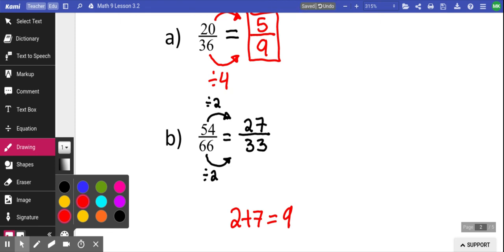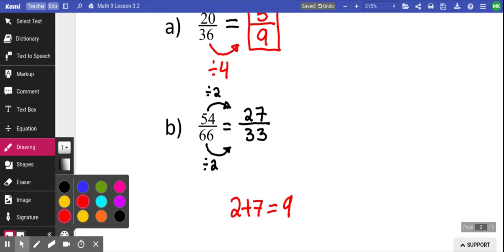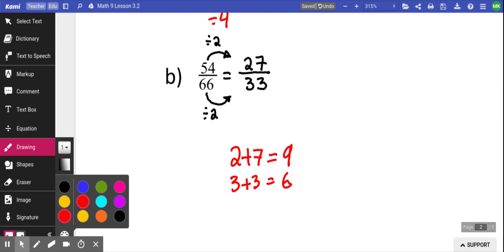If you look at 33, 3 plus 3 equals 6. I can divide 6 by 3. That means 33 is divisible by 3. And that works for any number. So if you pulled some crazy number out of your hat, like 692,133, and you're like, can that divide by 3?